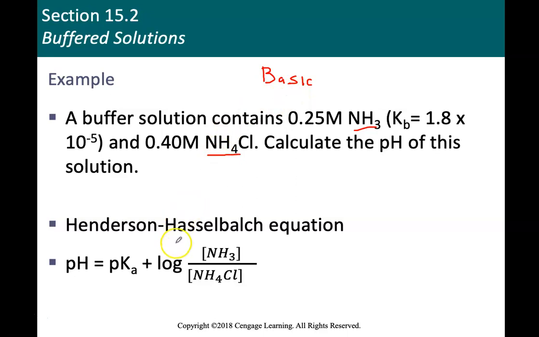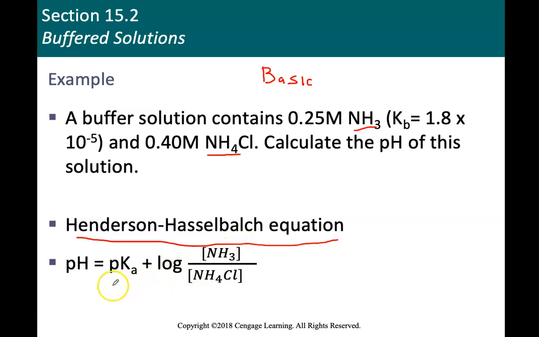All right, let's go ahead and do the calculation. What I'm going to use now, which will come later in the discussion, is the combined step. Instead of forming the ICE table, we have what we call the Henderson-Hasselbalch equation.